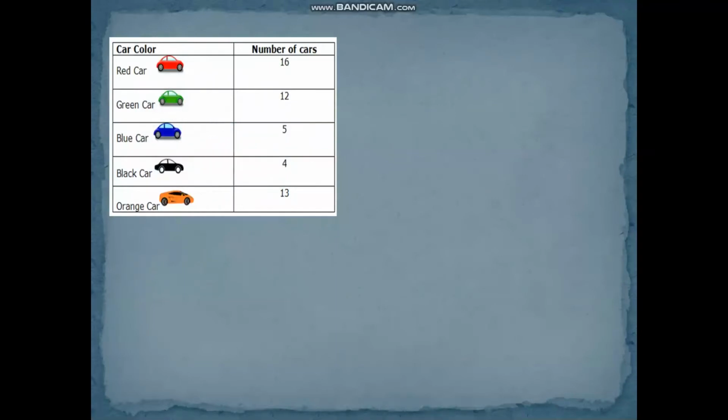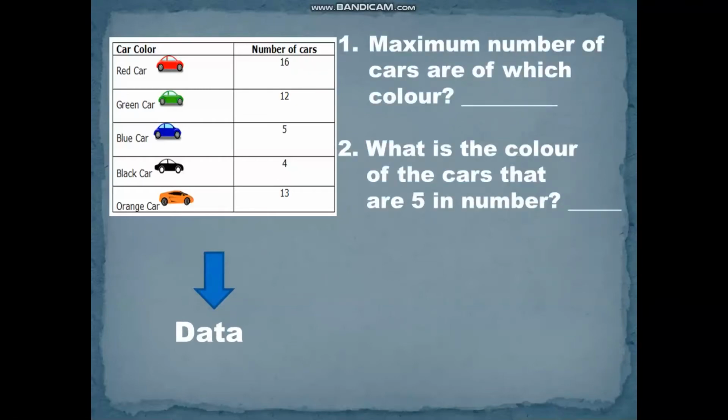Let us understand this by one example. Now you can see this table over here, which is showing us some cars of different colors and the number of cars corresponding to the colors. This information that we have here is known as data. Now we want to know these questions: maximum number of cars are of which color, and what is the color of the cars that are 5 in number.